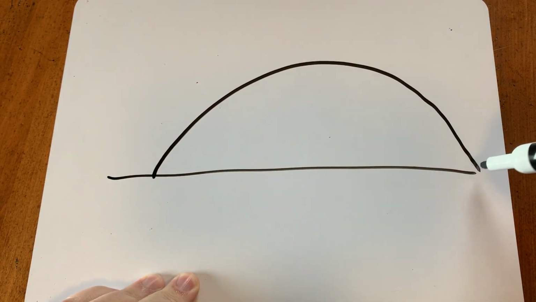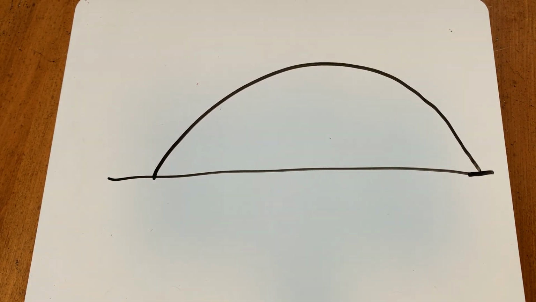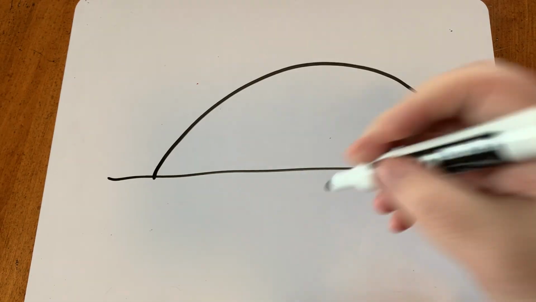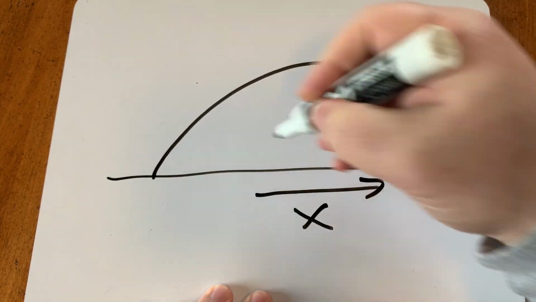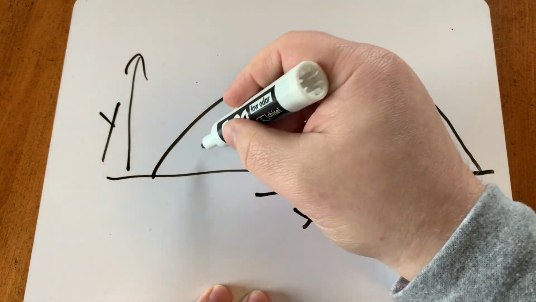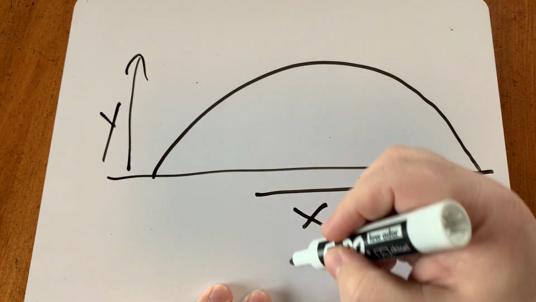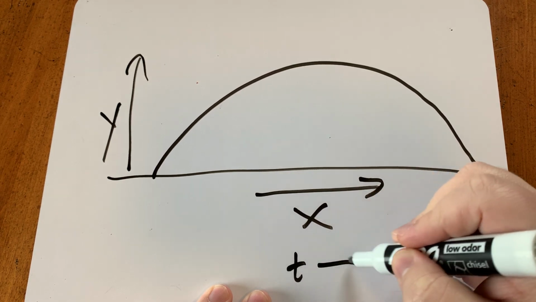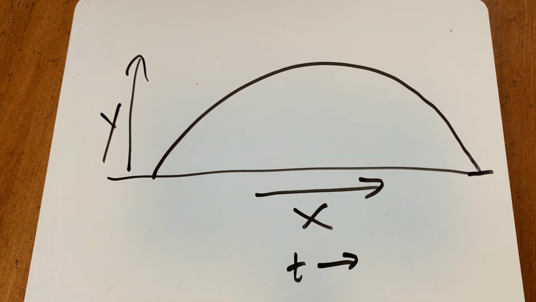it has a parabolic motion. So we have this parabola. We've got x here, we've got y there, and we've also got t as it goes along. And time is progressing the entire time.